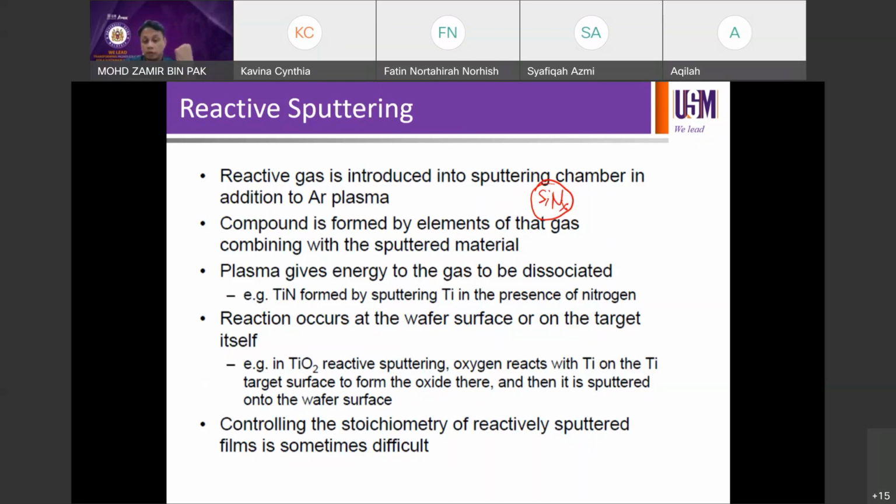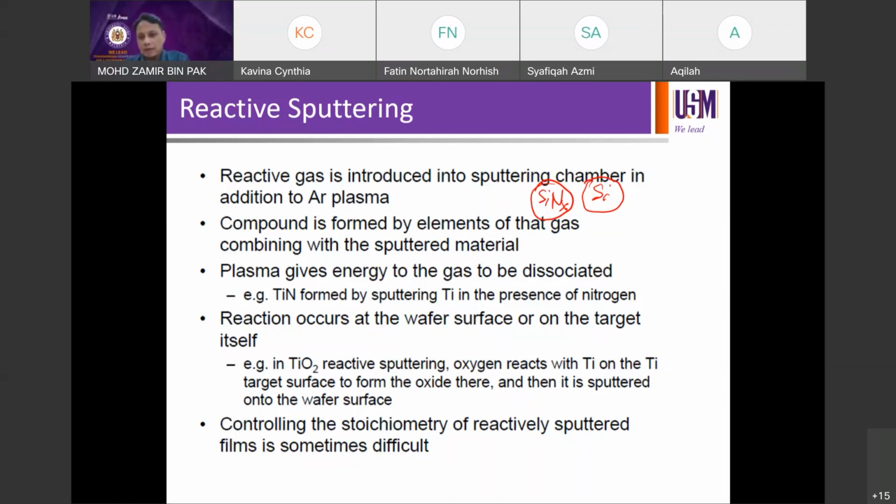On the other hand, if you talk about reactive sputtering, you have to introduce a gas in order to induce a reaction between the gas and the sputter target in order to produce a compound. So in this case, to produce silicon nitride through reactive sputtering, you need to use silicon as your sputter target material.